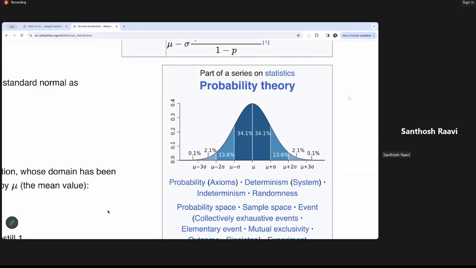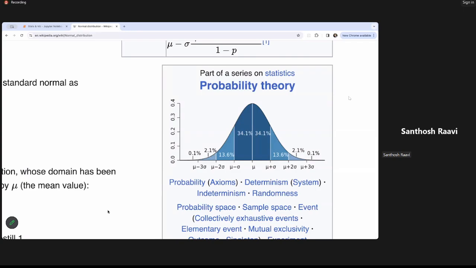So within plus or minus one standard deviation, you will have 68% of the data. Within plus or minus two standard deviations, you will have about 95% of the data. And within three standard deviations, you will have 99.8% of the data.